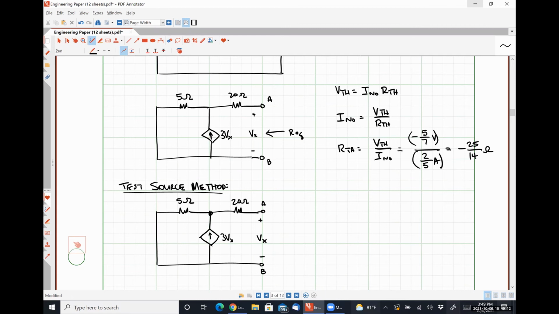What I'm going to do is apply a current source for this particular problem. I'll show you how to apply a test current source and solve it successfully. And then I'm going to show you how to apply a test voltage source and then solve this particular system correctly.